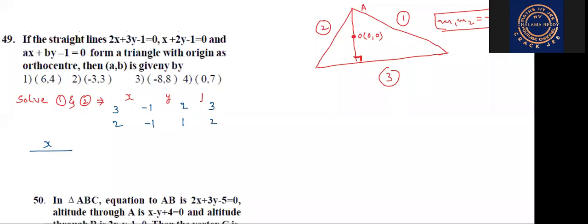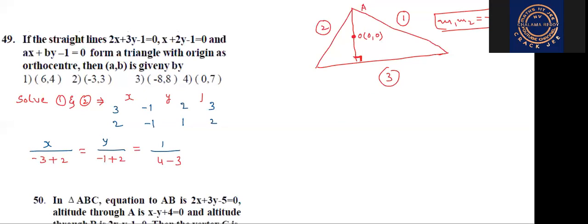X divided by, observe that, -3 plus 2. Y divided by -1 plus 2. Constant divided by what? 4 minus 3.